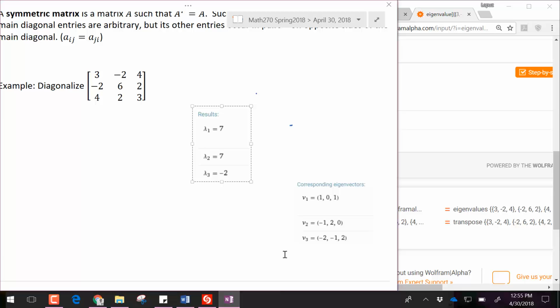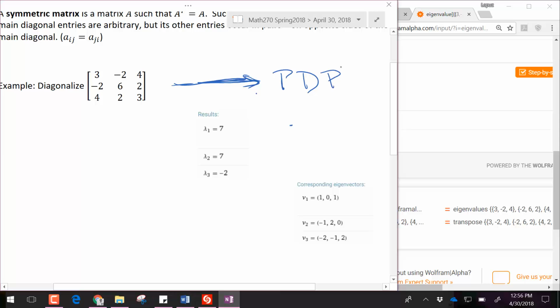According to the diagonalization, if this is the eigenvalues and the corresponding eigenvectors, this should equal P first, and then D, and then P inverse. And then we would write down what P is equal to, and what D is equal to.